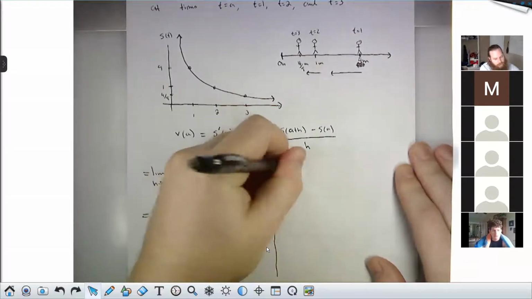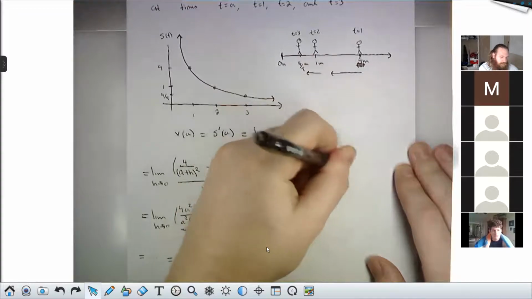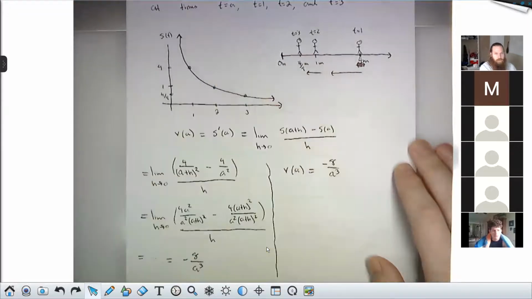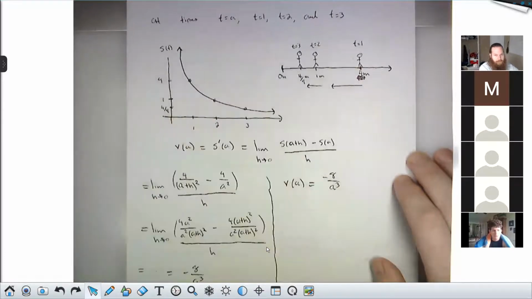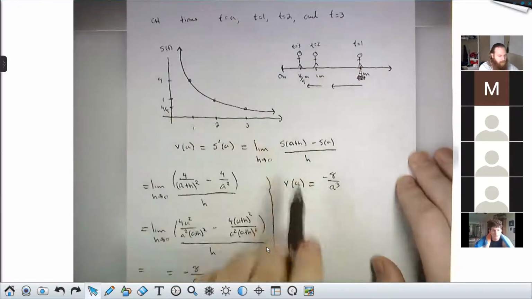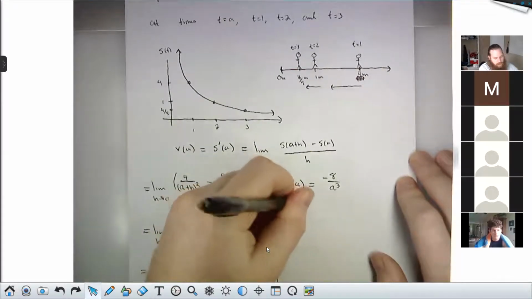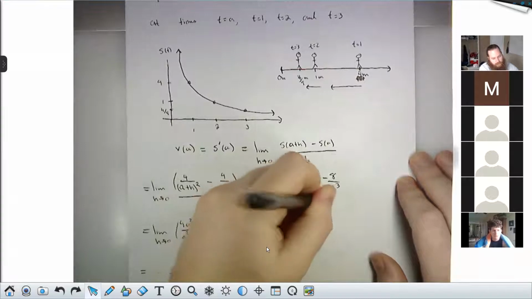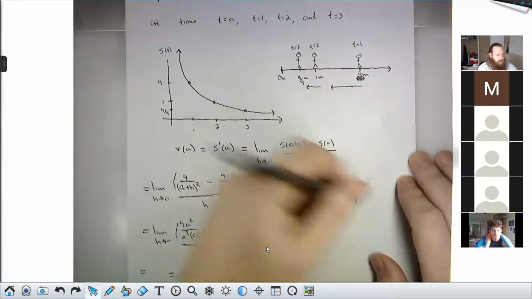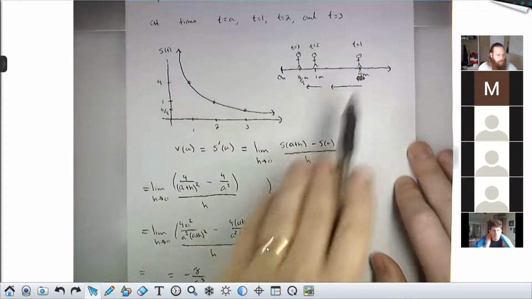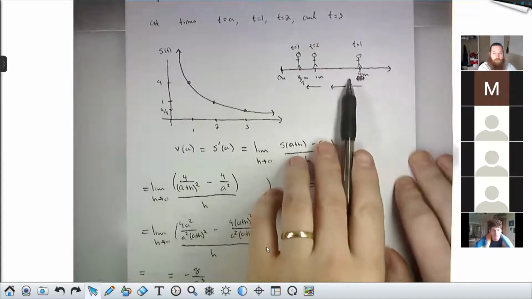We found that the velocity at time a is negative 8 over a cubed. And this is the first thing they asked for, right? The velocity at time t equals a. The other things they asked for can all be found by plugging values in for a here. So v of 1 is negative 8 over 1 cubed, which is negative 8. So if we look at the moment here, when t is equal to 1, homeboy is running to the left at 8 meters per second.